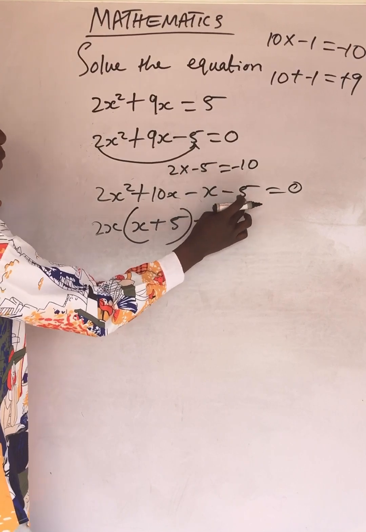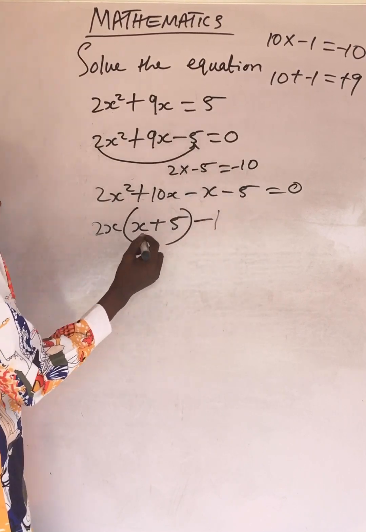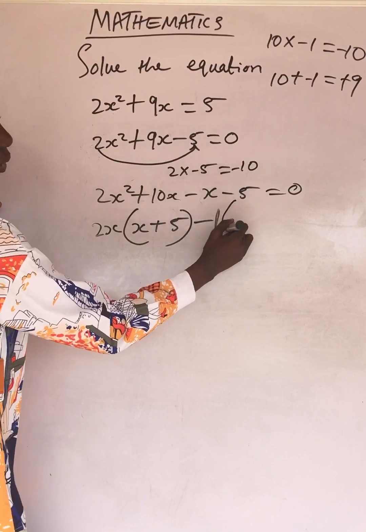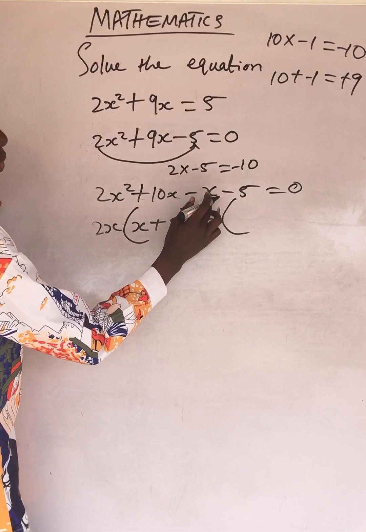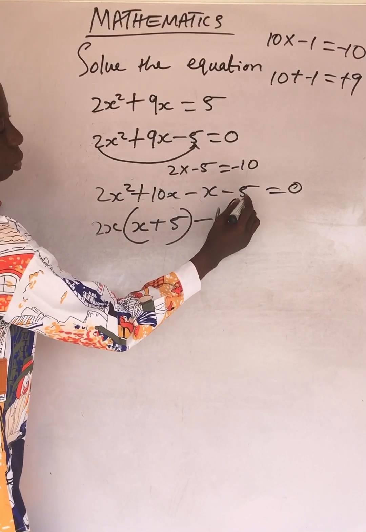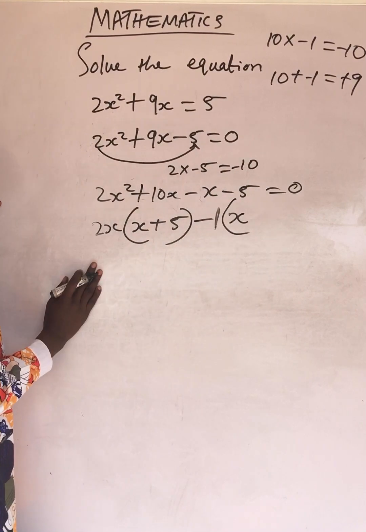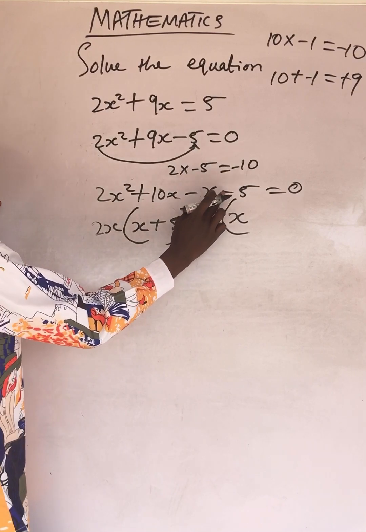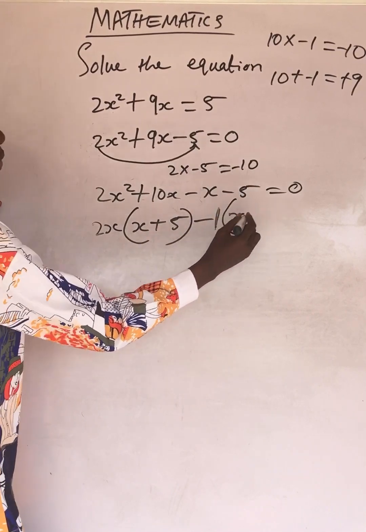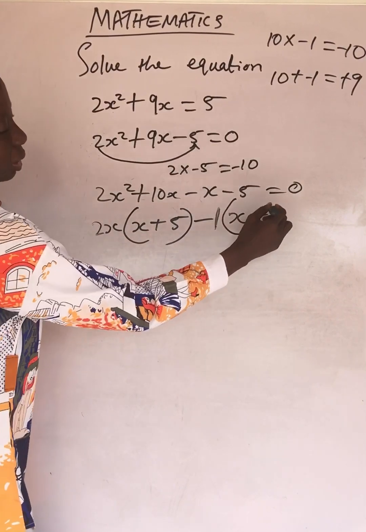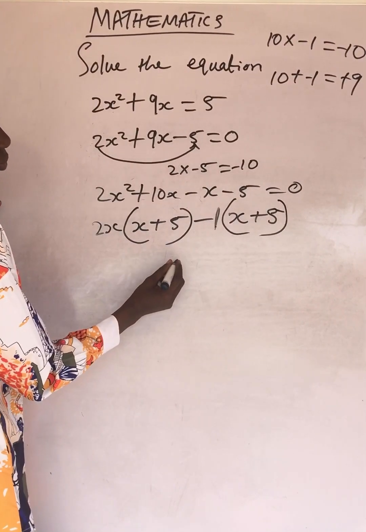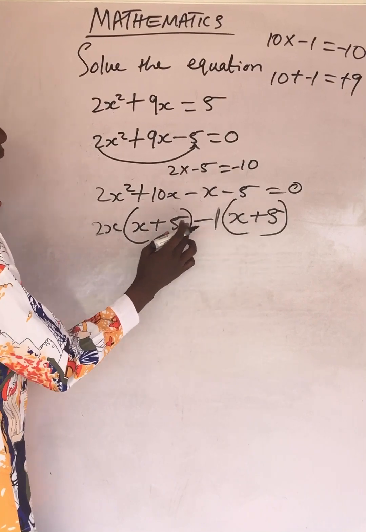So what is common between these two is 1. If I open a bracket, if this minus goes into this, s into this, it will also give me s. All right, so minus divide minus will give me plus. Then 1 into 1 will also give me 5. You see it now? So we have both brackets the same.